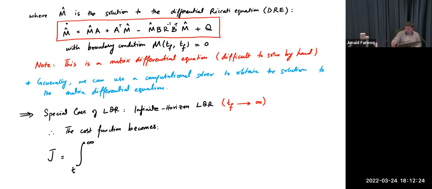So here's the change. Instead of having a finite time as the upper limit of the integral, you will have an integral from t to infinity, and the rest is similar.